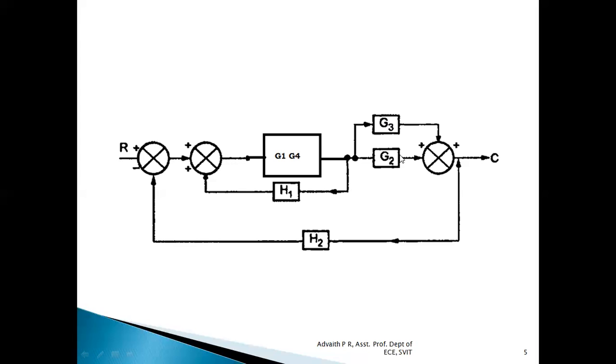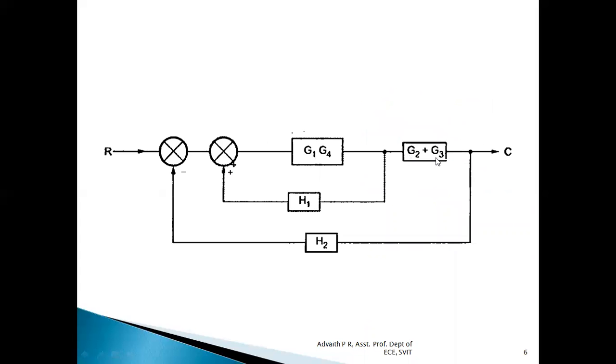When two blocks are connected in parallel, we either add or subtract based on the sign. Because we have a positive sign here, we'll be adding. So the equivalent transfer function for these two parallel blocks will be G2 plus G3. Now the block diagram looks somewhat similar to this.